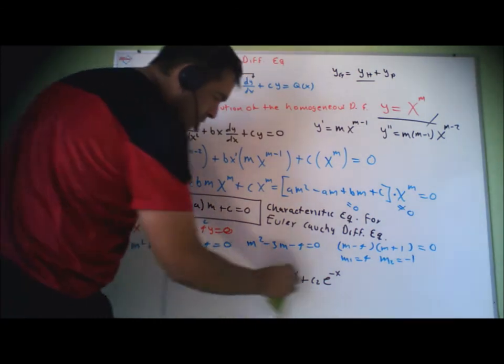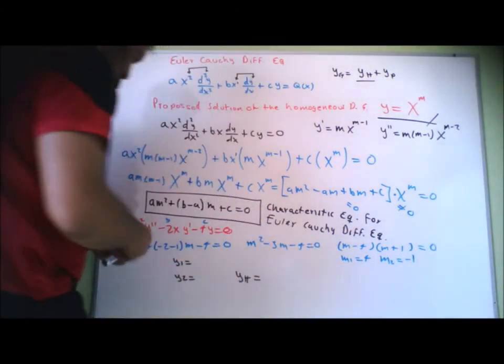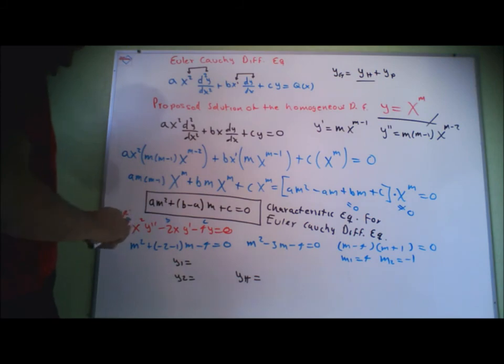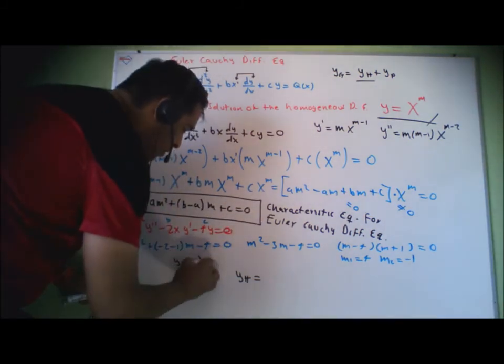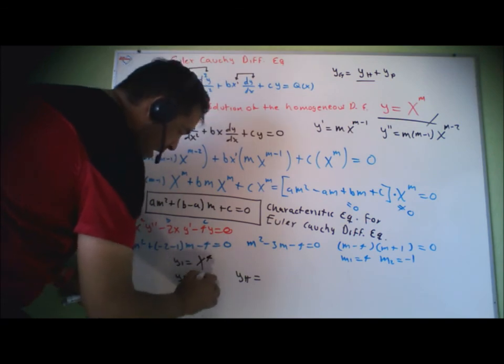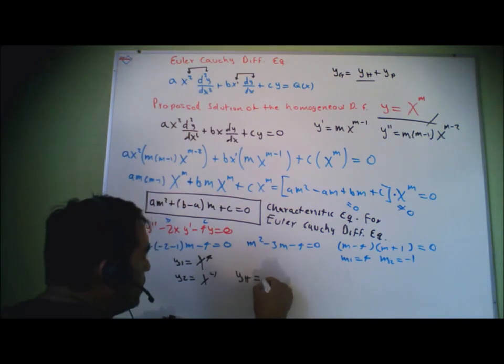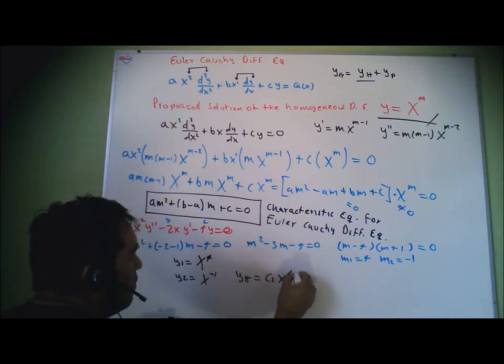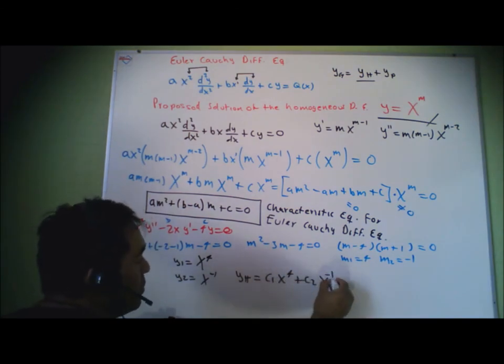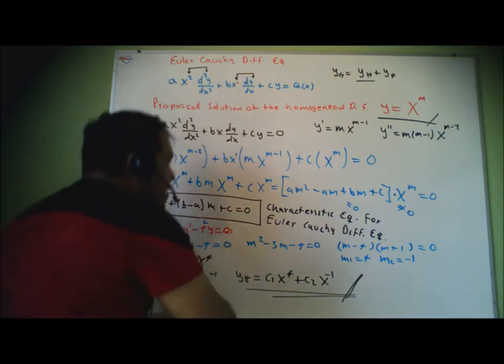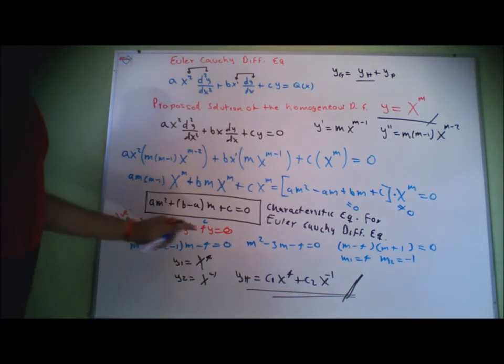The solution is like this: the first solution is x to the power of 4 and x to the power of minus 1. So the homogeneous solution is c1 x to the power 4 plus c2 x to the power minus 1. And this is the solution of this homogeneous Euler-Cauchy differential equation.